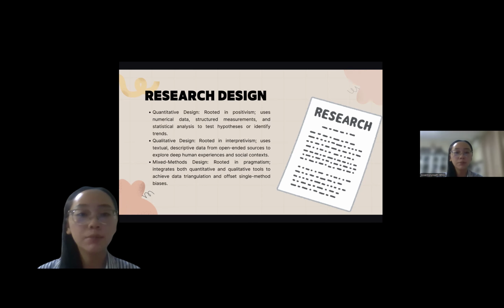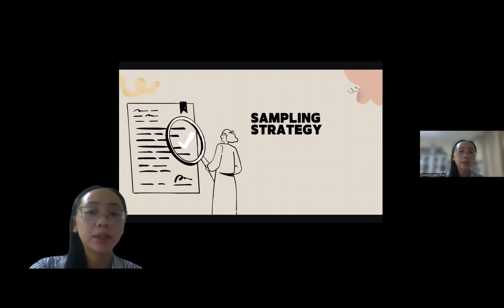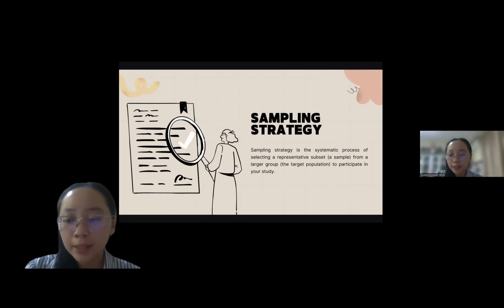Let me focus on sampling strategy. Sampling strategy is about realistically collecting data from an entire population, so we design a research pipeline to extract our sample. If our design is quantitative, we rely on probability sampling, such as simple random or stratified sampling, to eliminate bias and ensure our findings can be generalized numerically to the population.